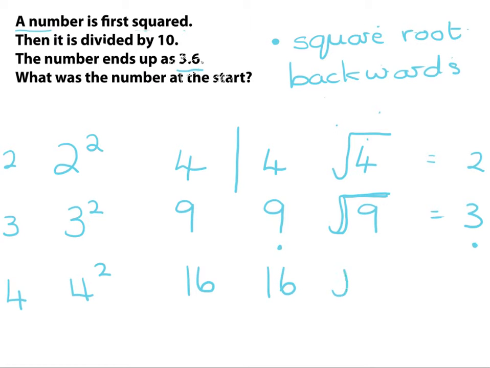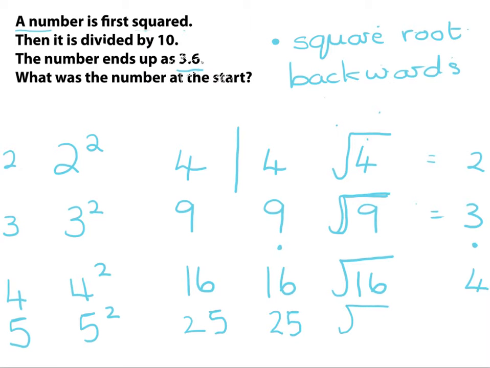What number multiplied by itself will give us 16? It's 4. And let's take 5. 5 squared is equal to 25. What number multiplied by itself will give us 25? It's 5.